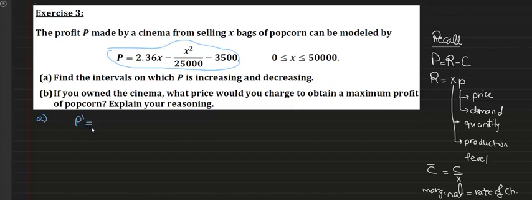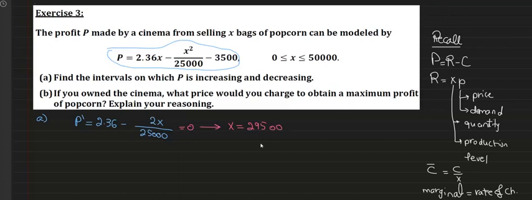So we will get the first derivative, which will be what? 2.36 minus 1 over 25,000 times the 2x, right? And we shall equate that to 0, where we will get an x value of 29,500.